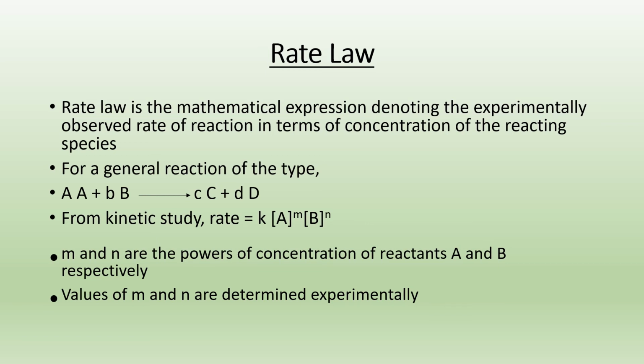These m and n are determined experimentally, and they are not equal to the coefficients. They can be equal to the coefficients but not always. So m and n are not exactly equal to a and b all the time. They are experimentally determined quantities. So this is the rate law expression.